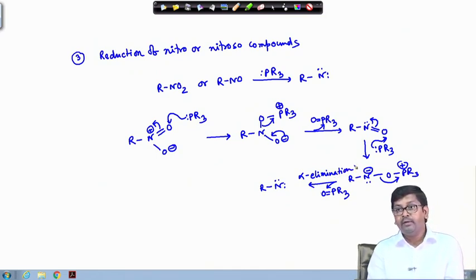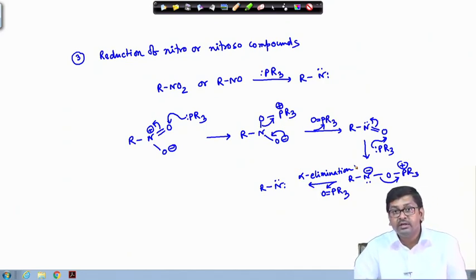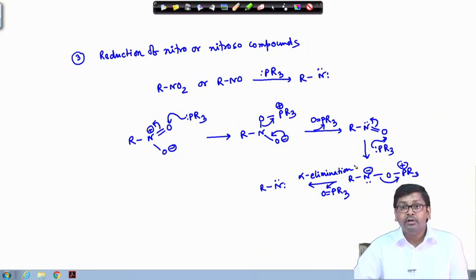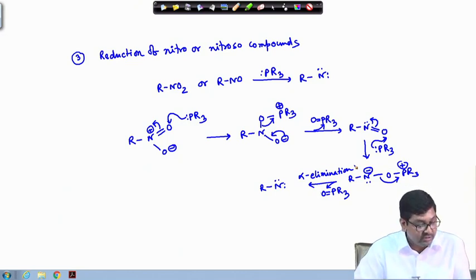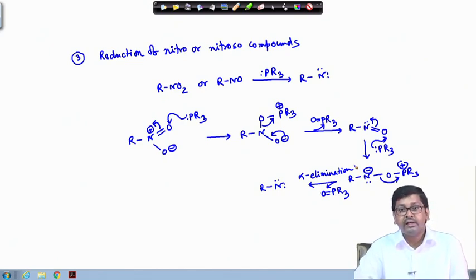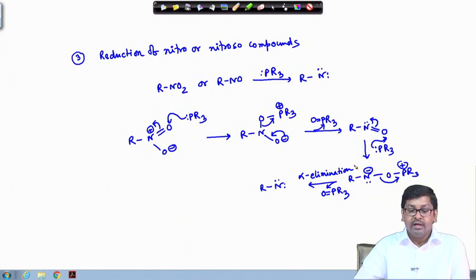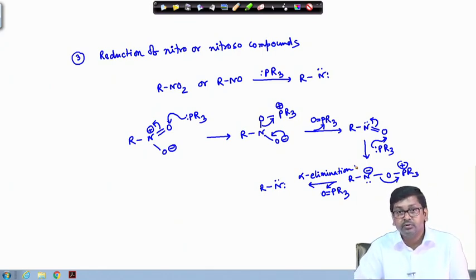Okay. So, what we have seen is not only the thermolysis or photolysis of azides, which is a very common method, but other methods are also similarly important, either the formation of nitrenes from different types of heterocycles through thermolysis or photolysis, or the alpha elimination, or the reduction of nitro or nitroso compounds.